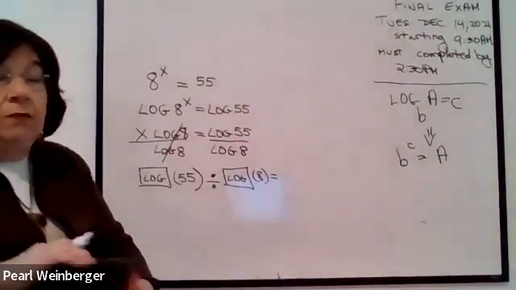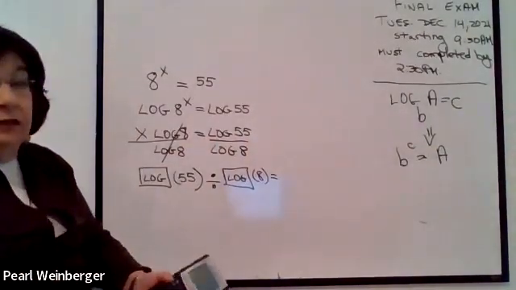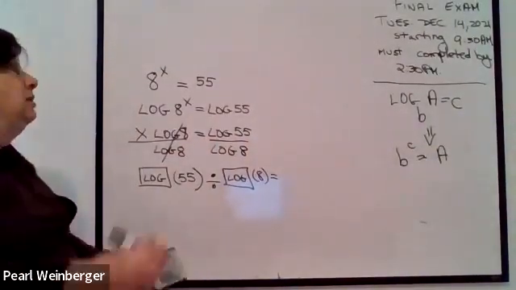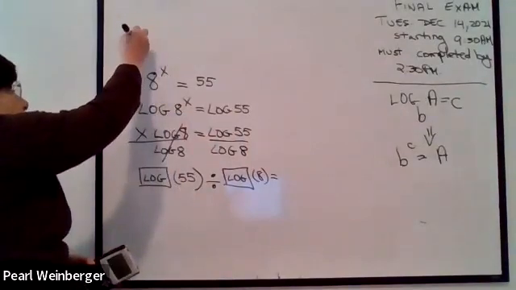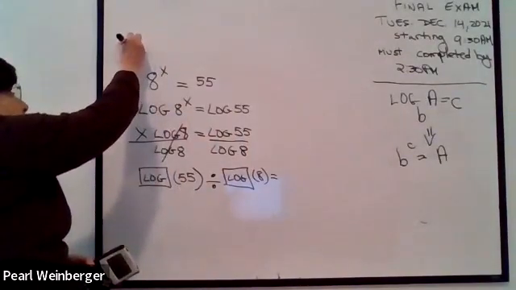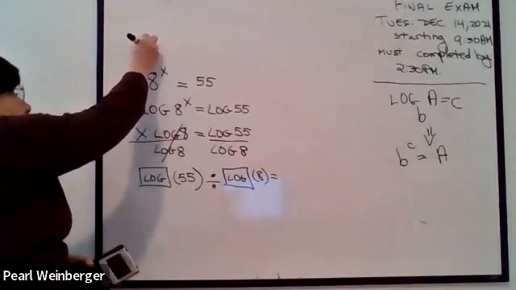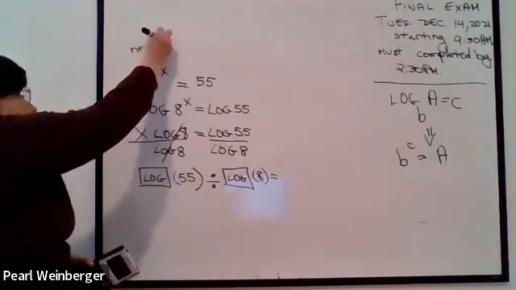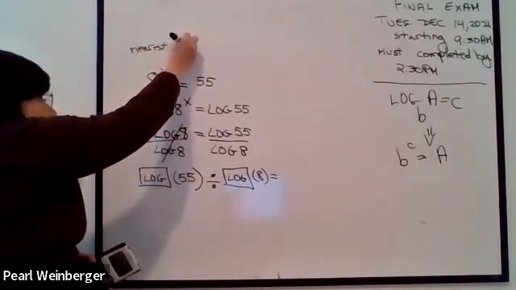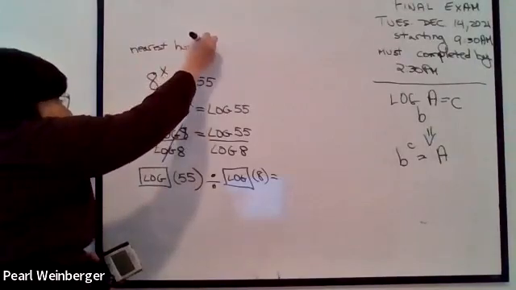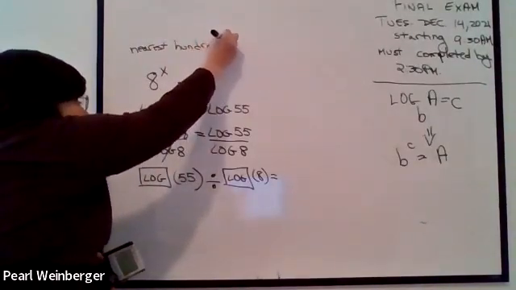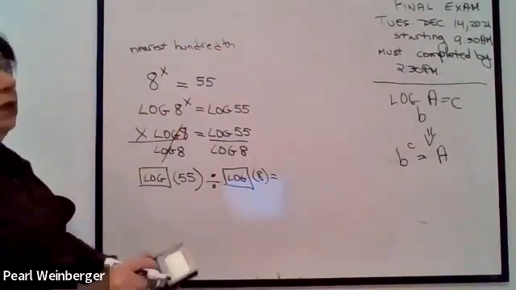It will not come out to be an exact number. So let's say we wanted it to the nearest hundredth. That means 2 decimal places.